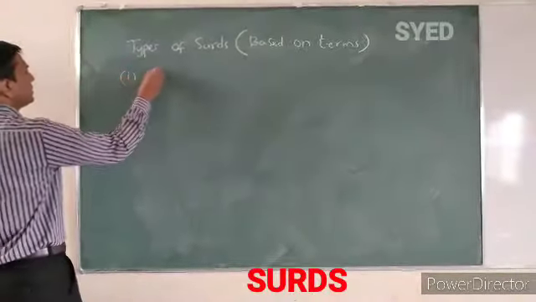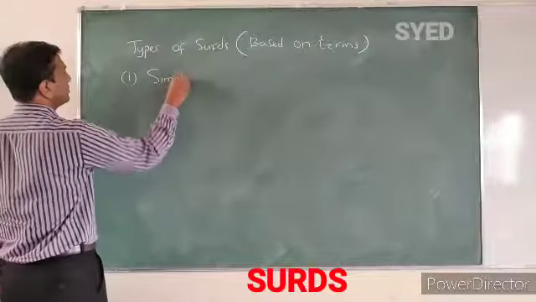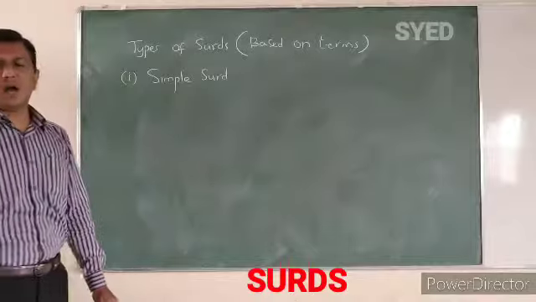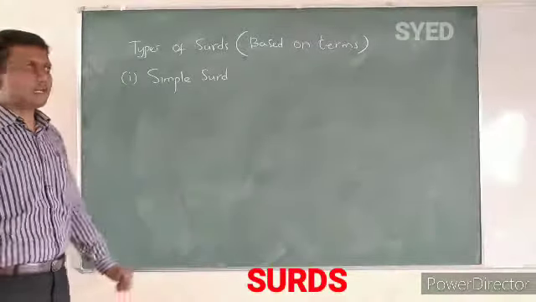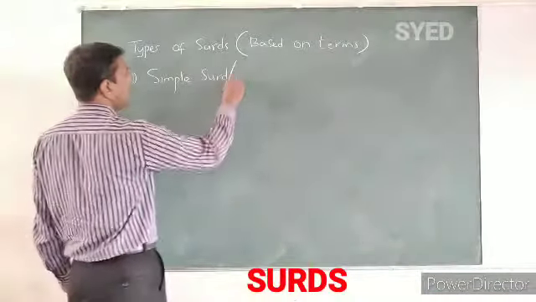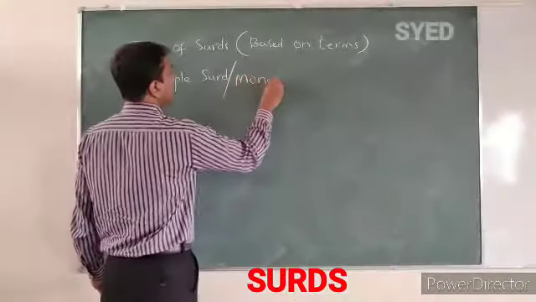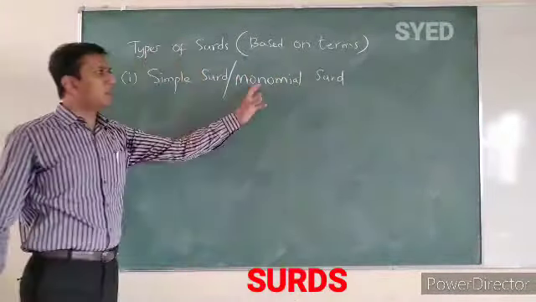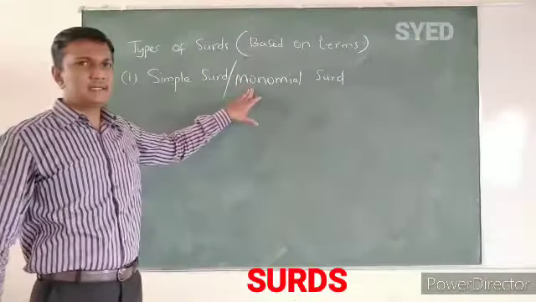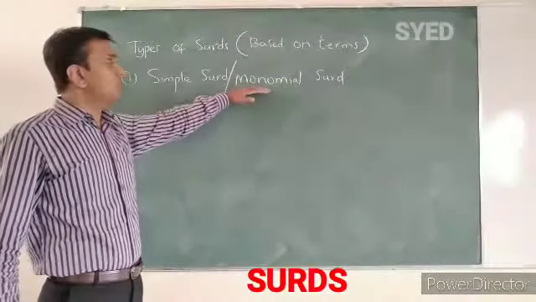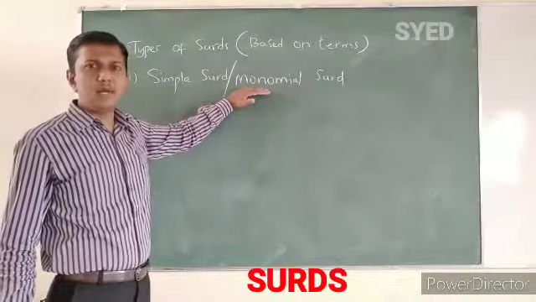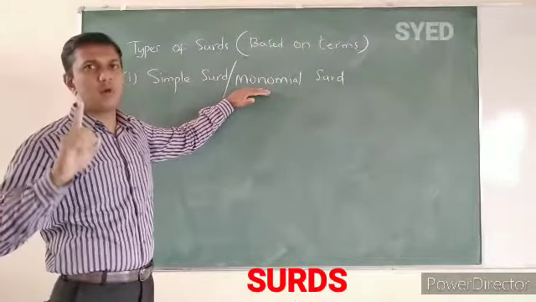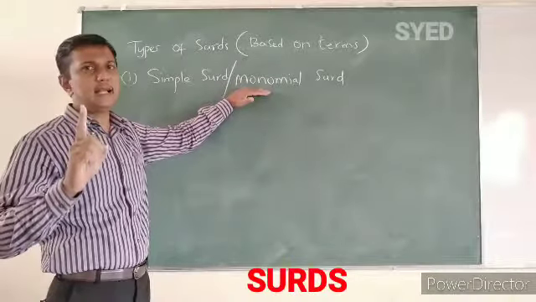First one is simple surd, or monomial surd. Now by the name itself we can say what the surd would be. Monomial in the sense it contains only one term, only a single term.